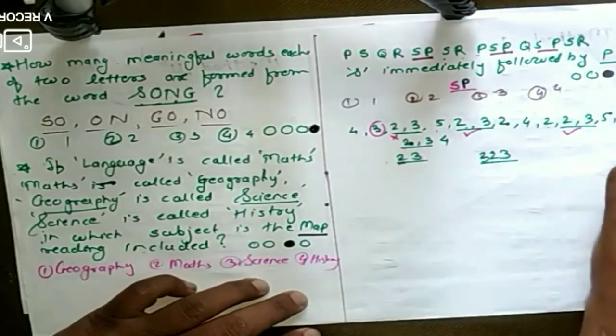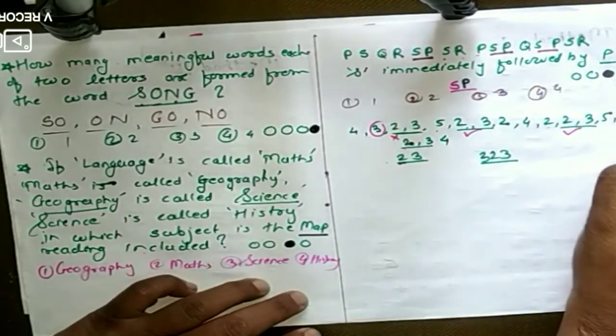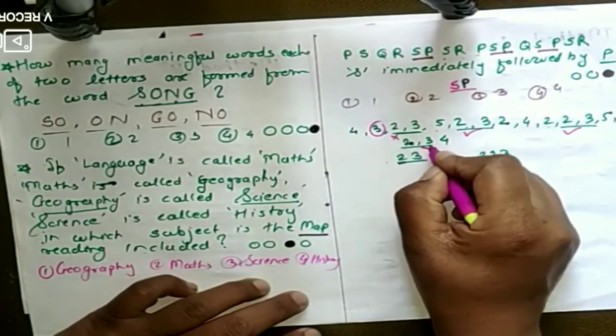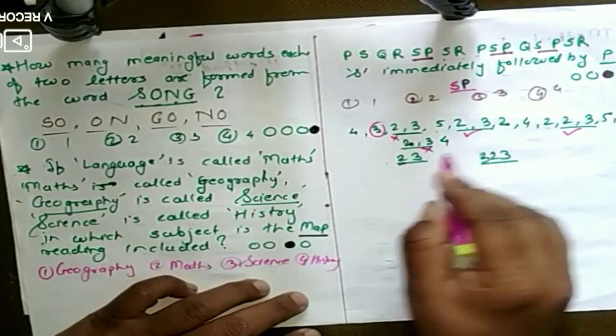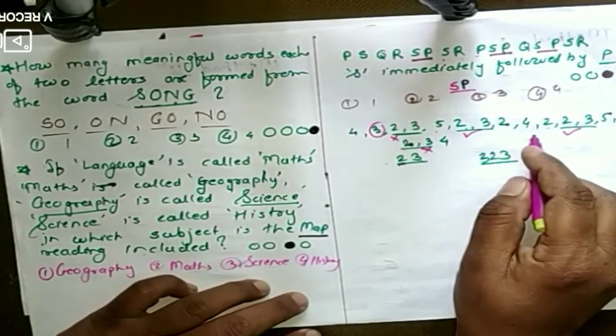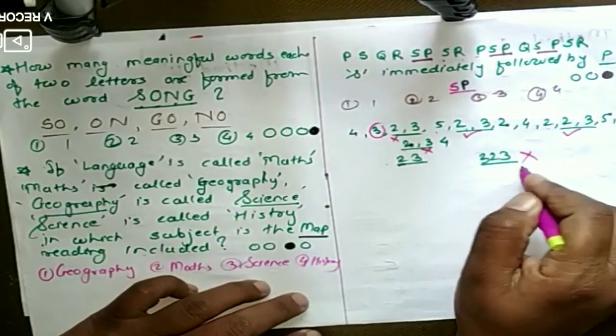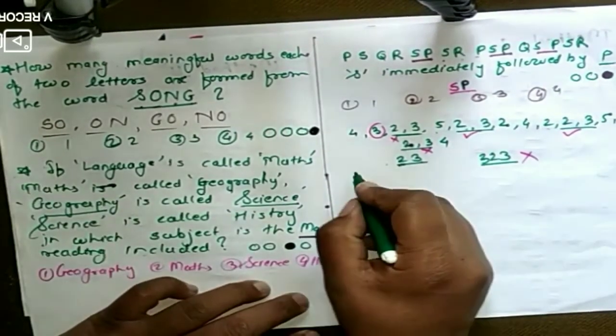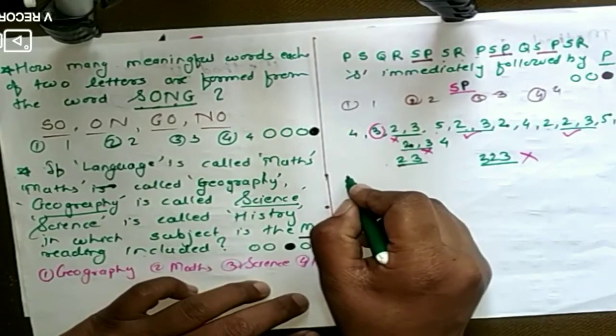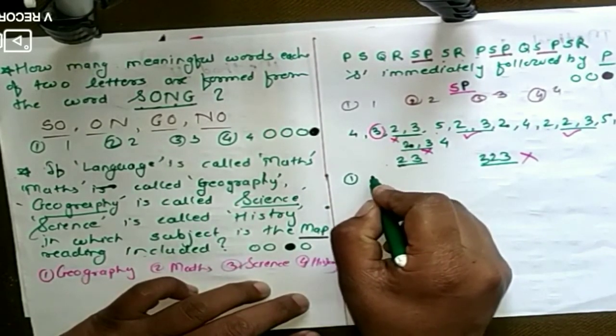Now here is also 23, but behind it 3 is there, so we cancel it. So how many times 23? 2 followed by 3, but 3 does not follow the 3. They may give the options such as thrice, twice.